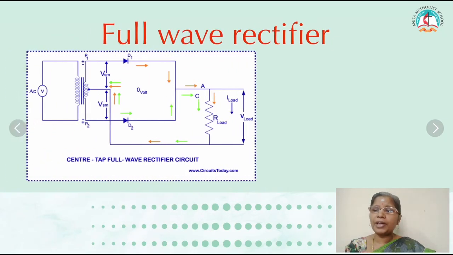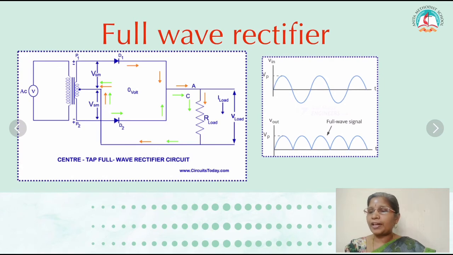Then what is meant by a full wave rectifier? The full wave rectifier consists of a center-tapped transformer. When D1 is conducting, D2 is not. In the second case, when you apply the positive, D1 is positive so it allows the current and D2 won't allow. When you apply the negative, D2 is allowing the current and D1 is not allowing.